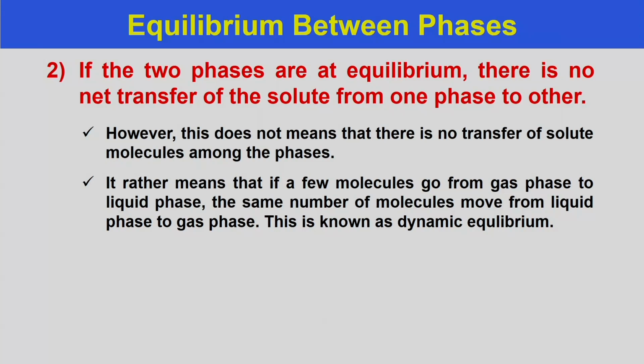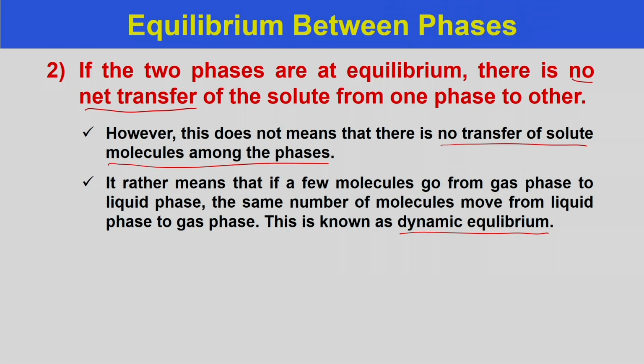It rather means that if a few molecules go from the gas phase to the liquid phase, the same number of molecules move from the liquid phase to the gas phase. This is known as dynamic equilibrium.